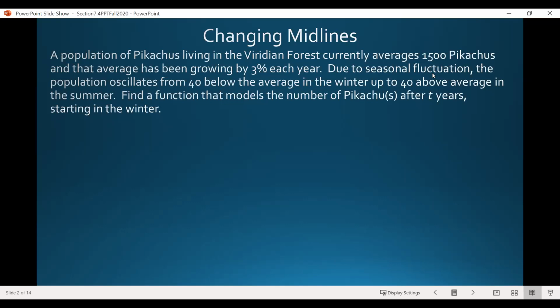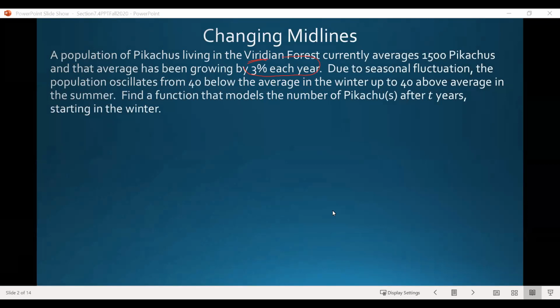So you might imagine that, out in the wild over the course of a year, the number of animals in a population will fluctuate as older animals die off, or if they're eaten by predators or something like that. So the average throughout the year will fluctuate, but what we're told is that from year to year, there's growth in that average.